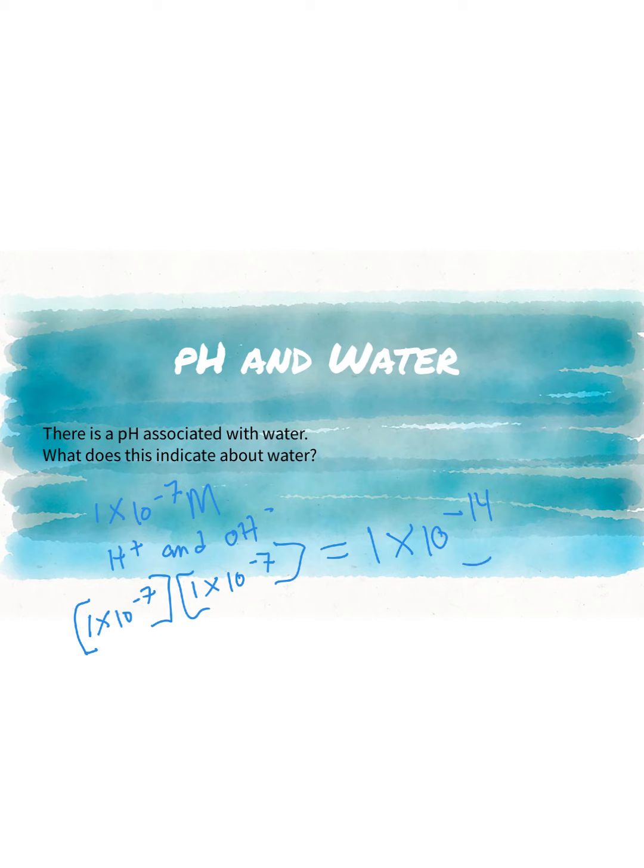So this constant is actually a constant we get from water. We call this the KW, which is basically how much water dissociates at 25 degrees Celsius.